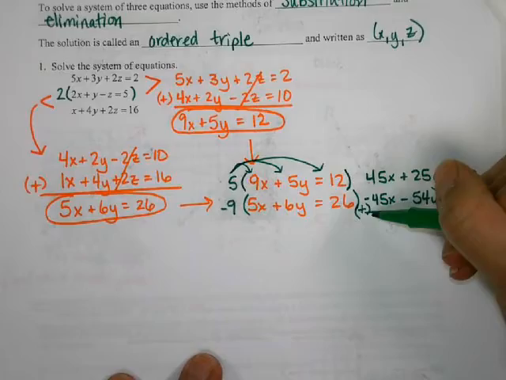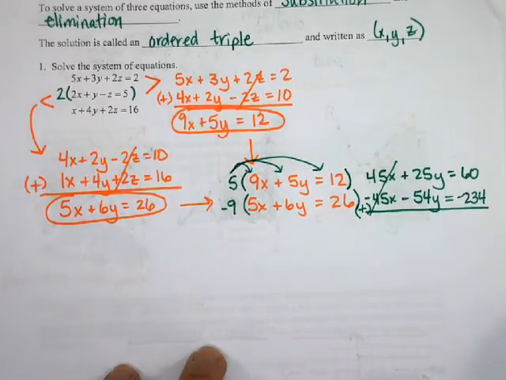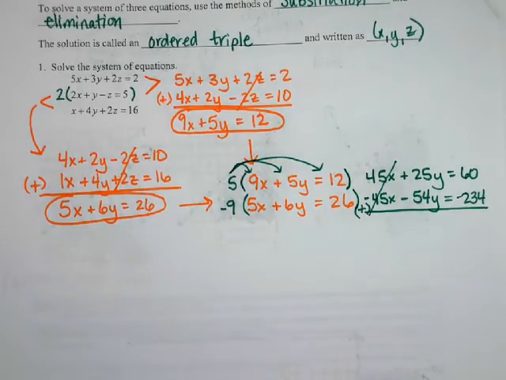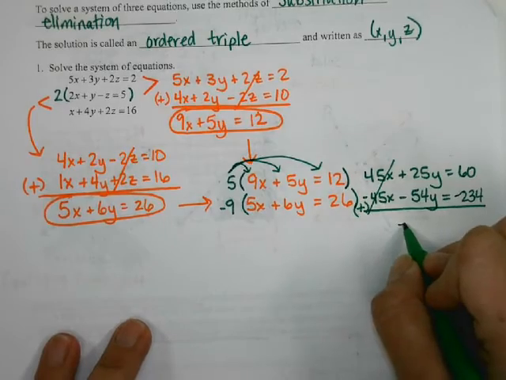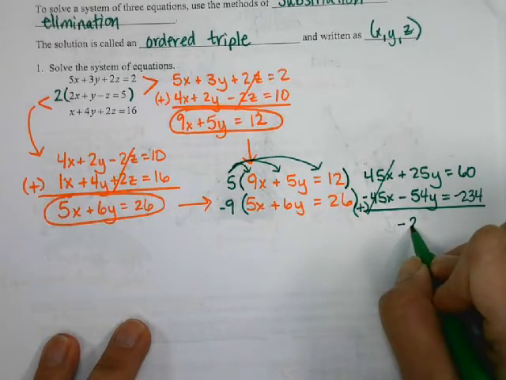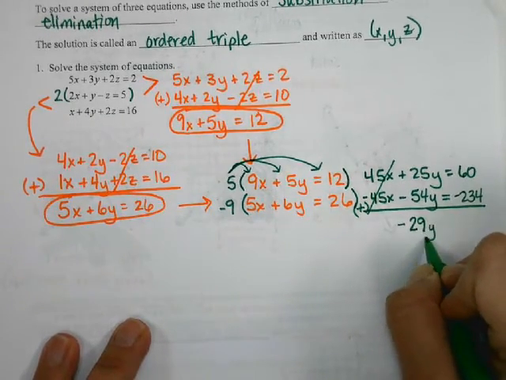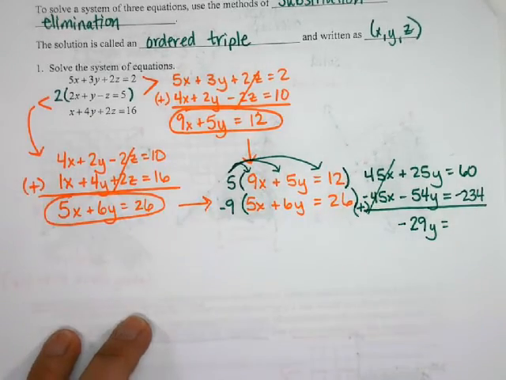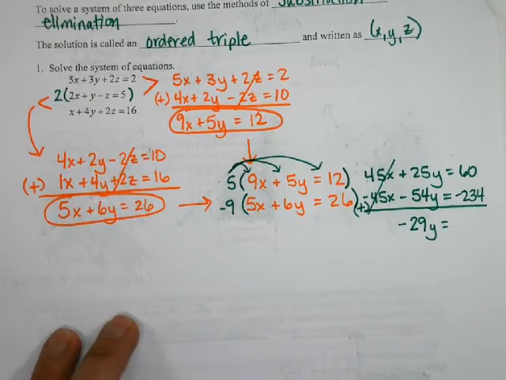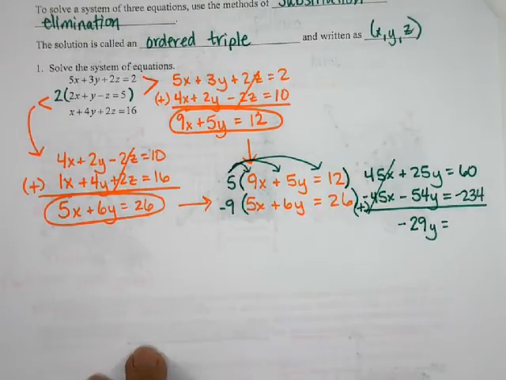Okay, the 45s are going to cancel. The x's are going to cancel. And I have 25 minus 54. Did you have a question, JJ? Oh, that's funny. For whatever reason, I had my mic unmuted, and then I muted it to talk. Technical difficulties.